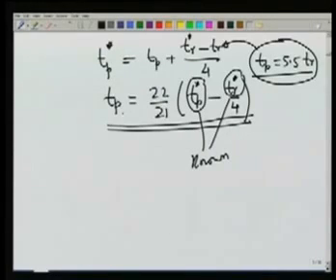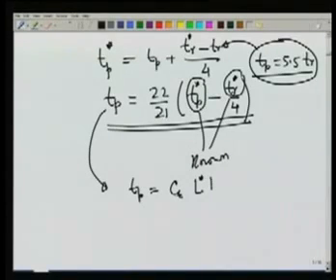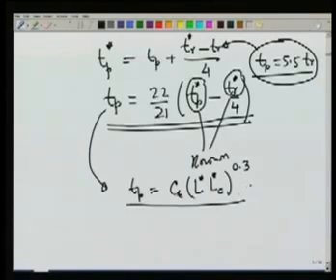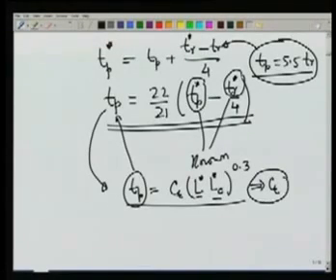So we can find out Tp, and then since we know the relation of Snyder, Tp is equal to Ct, and since this is on the catchment area B, I will put a star, to the power 0.3. So using this relationship, we can obtain Ct, because once Tp is known from here, L star and Lc star from the basin, we already know this information because we have the data available for the gauged basin. Therefore, we can get Ct from here.